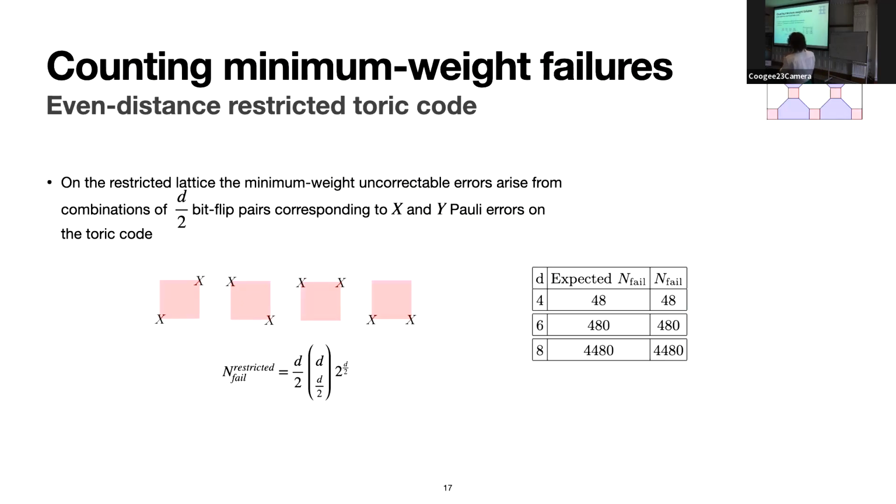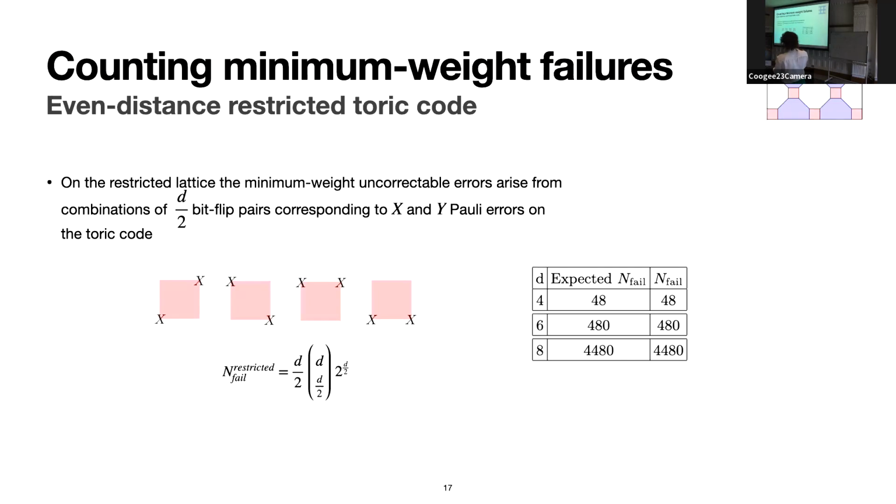So now that we have that, we can count the number of failures that we'd have on the restricted toric code with even distance. So in the case of even distance, we care about errors of weight d on 2, and the errors that will affect us and create these potential logical strings are the diagonal ones and the horizontal ones.